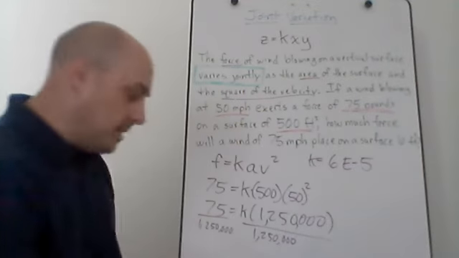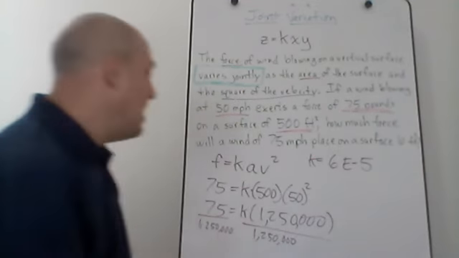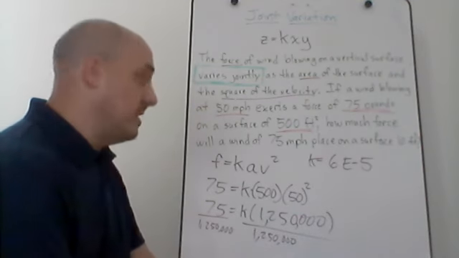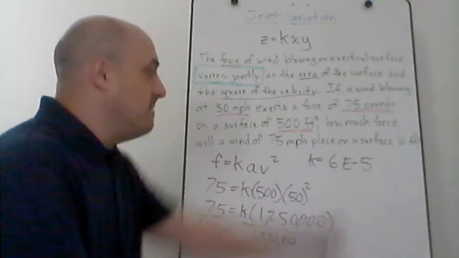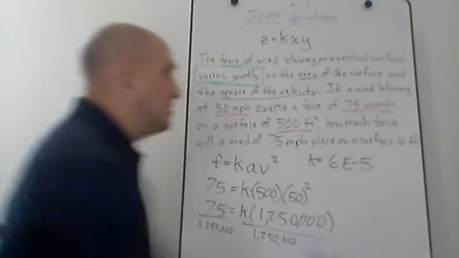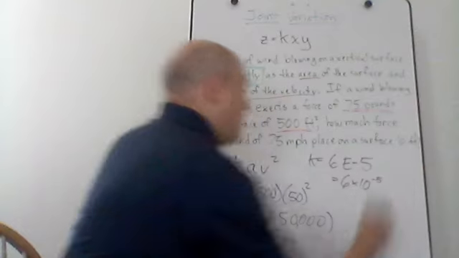Depending on what type of calculator you have and what the settings are as far as how it shows you the answers, it may give you a decimal number for this, or it might give you something like this where it just says 6E negative 5. If your calculator gives you something that looks like this, that capital E there means scientific notation. This means 6 times 10 to the negative 5th power.